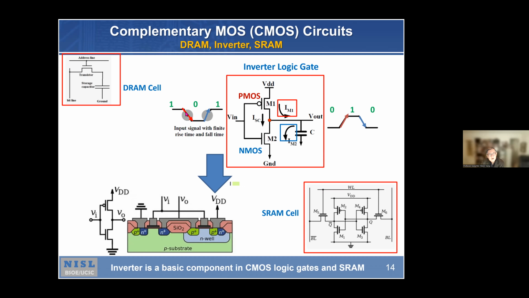When input is high, output is low. When input is low, output is high. When input is high, output is low again. And this is the transition, switching from high to low, and from low to high. The cross-sectional picture is shown here.